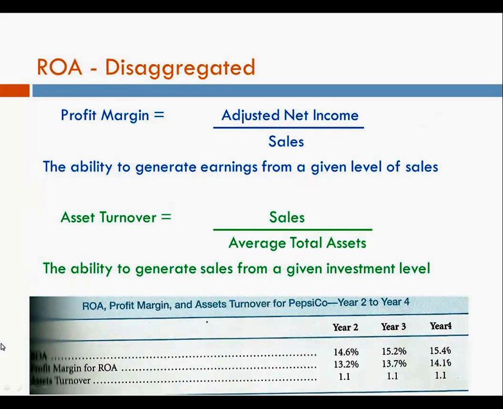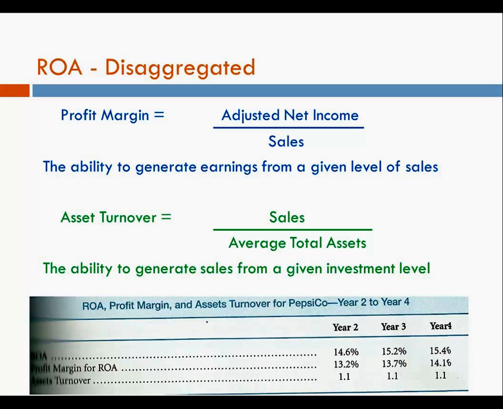And the return on assets could be broken down or disaggregated into profit margin and asset turnover. Profit margin is your ability to generate earnings from sales, right? So you would take your net income, the numerator from that previous equation, and divide it by your total sales, total revenues.